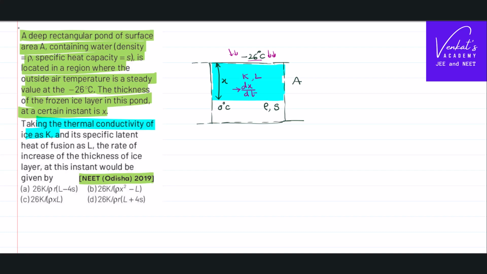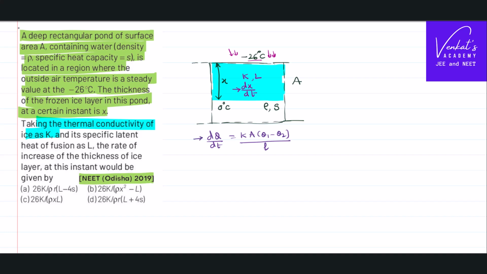So the first thing I can write is the rate of flow of heat as per the concept of thermal conductivity. The rate of flow of heat dq by dt equals K A, the temperature difference between them, and inversely proportional to the length of the conductor.